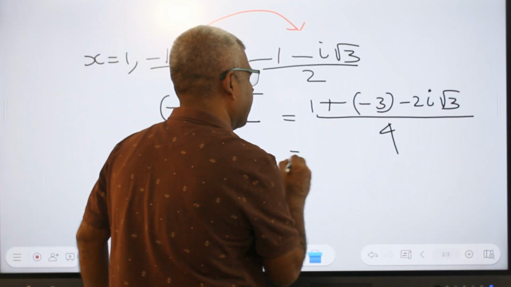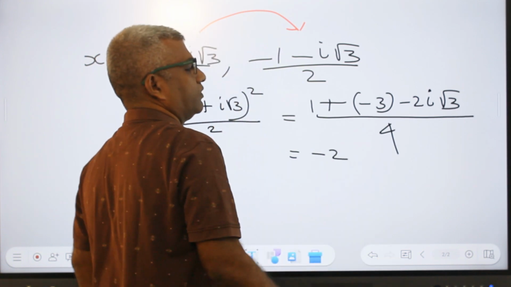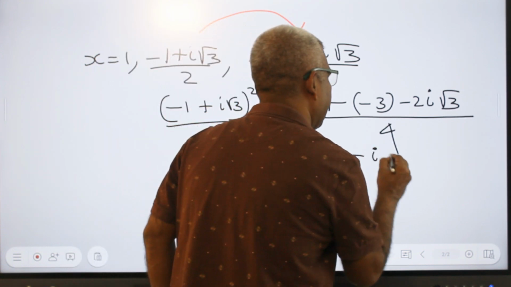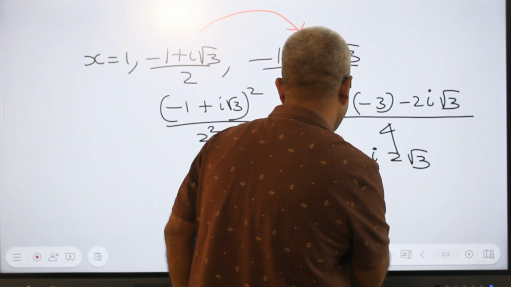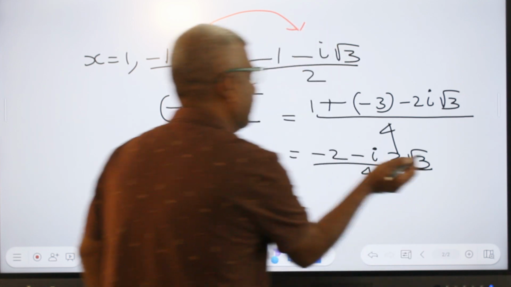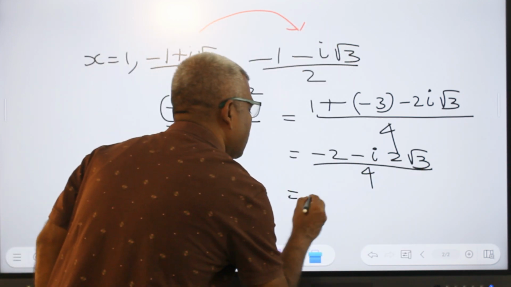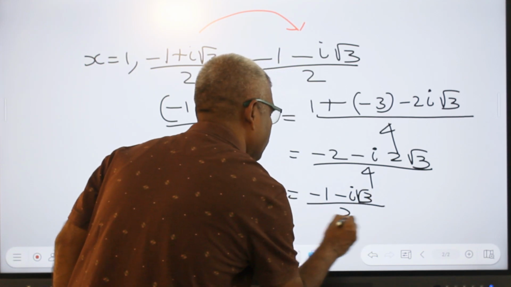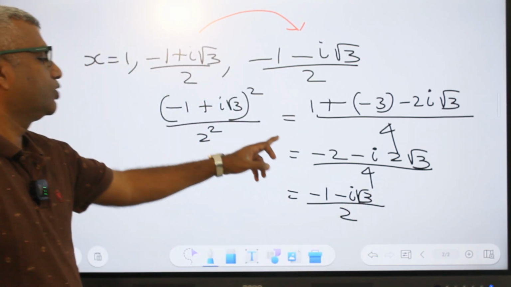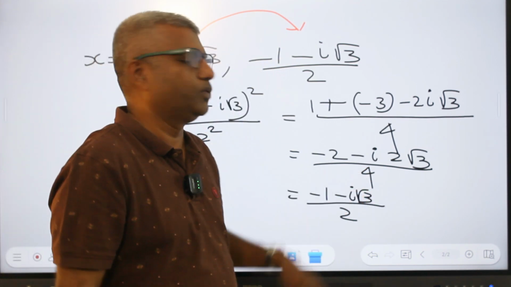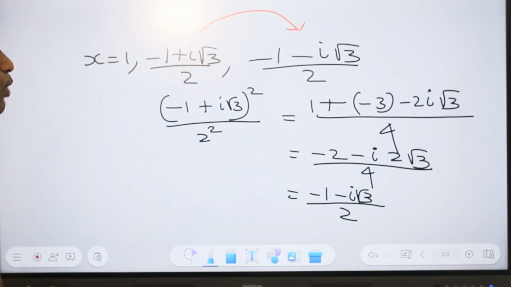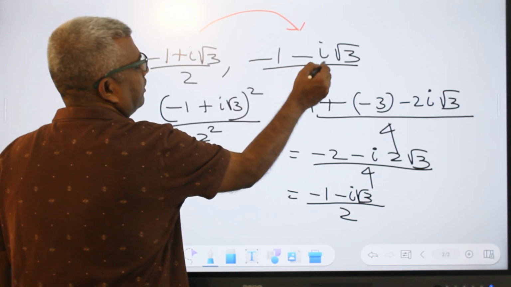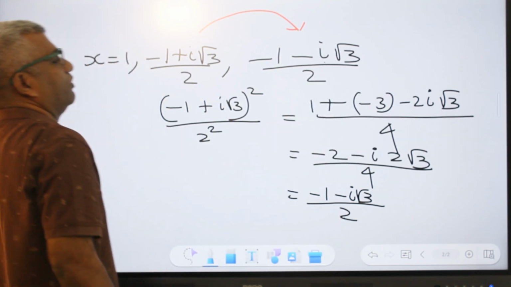So 1 plus minus 3 is minus 2, minus 2i root 3, by 4. I take 2 out: minus 1 minus i root 3 by 2. That 2 and this 4 cancel. So minus 1 minus i root 3 by 2. You see, when you square this one, we get the third root.